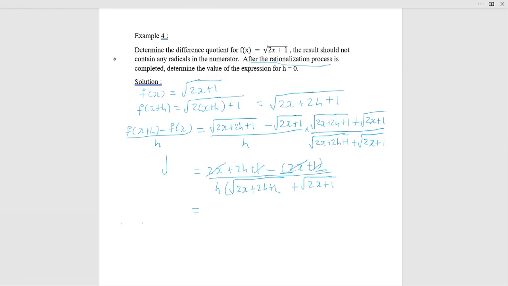These things cancel out. We get 2h here. h times square root of 2x plus 2h plus 1 plus square root of 2x plus 1. This h cancels out.